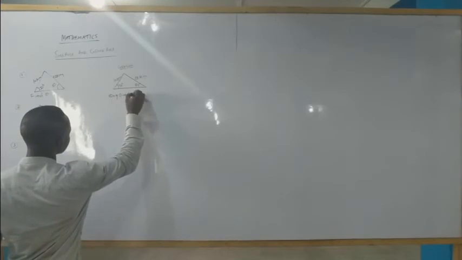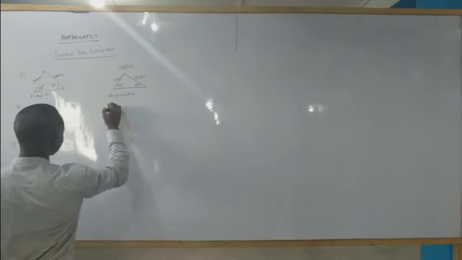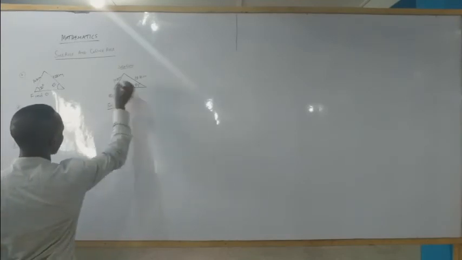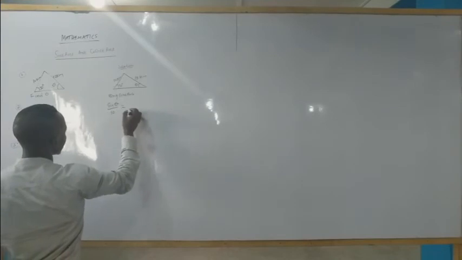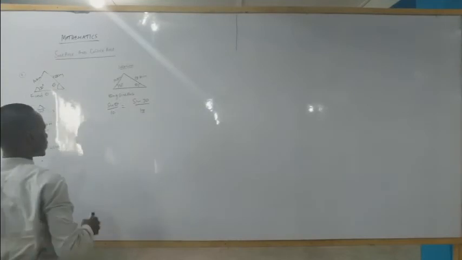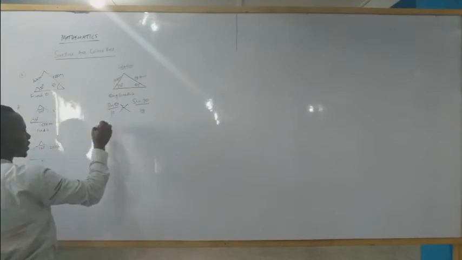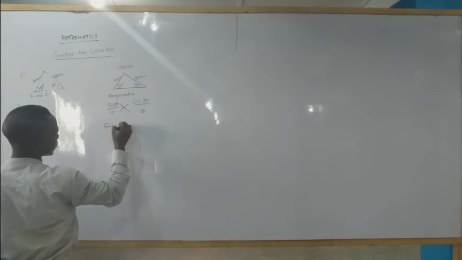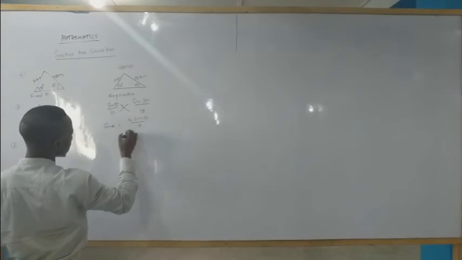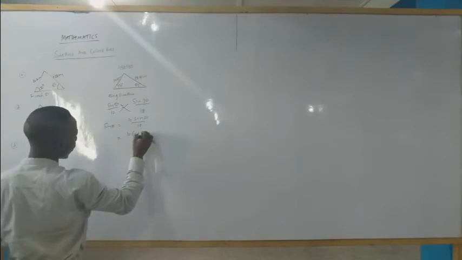Using sine rule, we then have sine theta over 10 equals sine 30 over 18. So here we cross multiply since we are looking for sine theta. Sine theta will be equal to 10 sine 30 over 18. 10 sine 30 is 0.5 or 1 over 2.